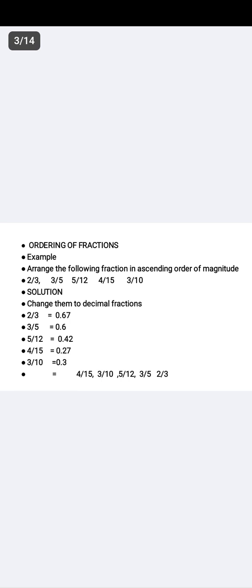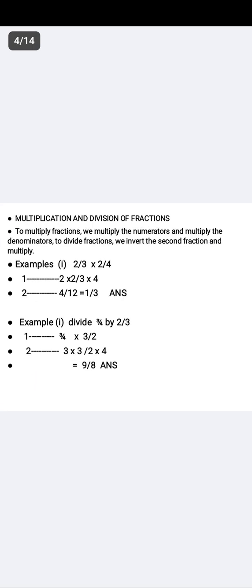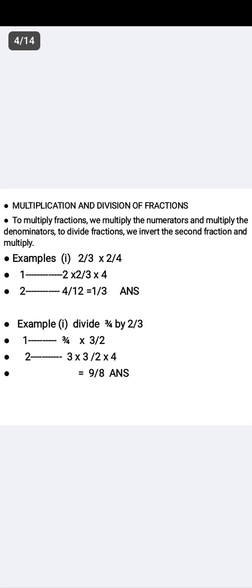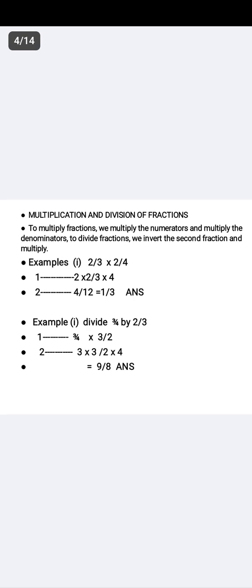Now we are going to take a look at operations of fractions. Here we have multiplication and division of fractions. How do we divide fractions? How do we multiply fractions? It is a very simple thing to do.